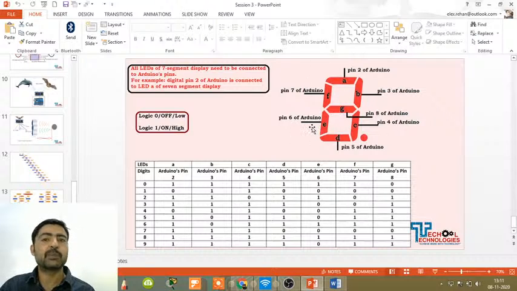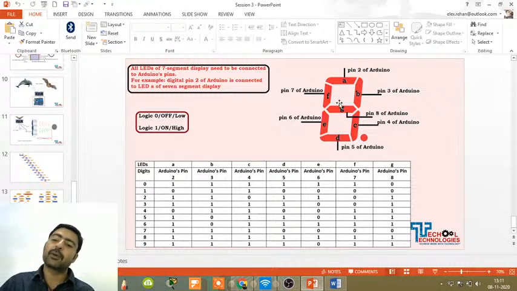Let's say we want to display 9. Which LEDs do we need? Except E, all the LEDs will remain on. In the same way, if we want to display 3, except F and E, all the LEDs will remain on. So before writing our program, we make a table.